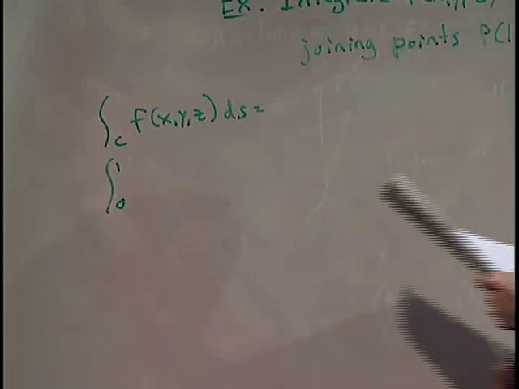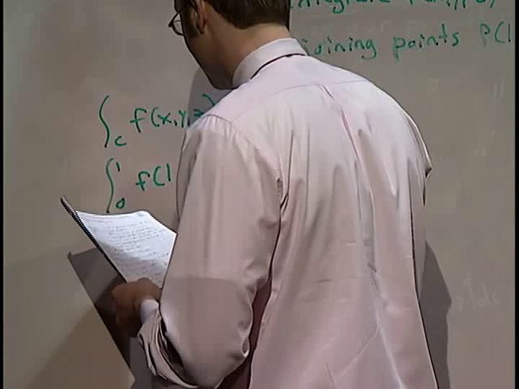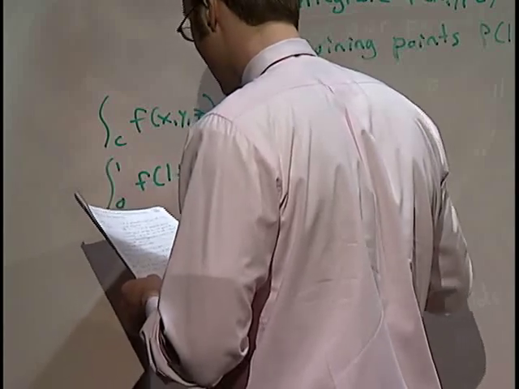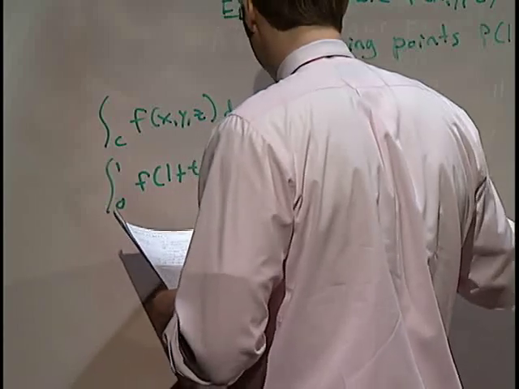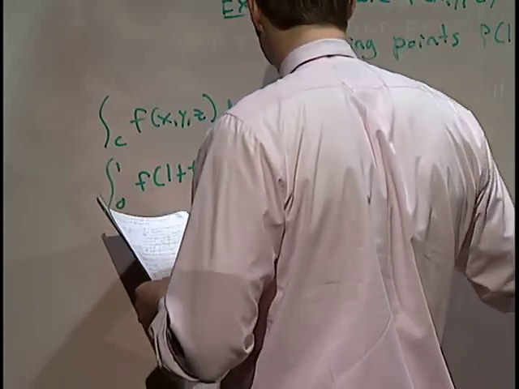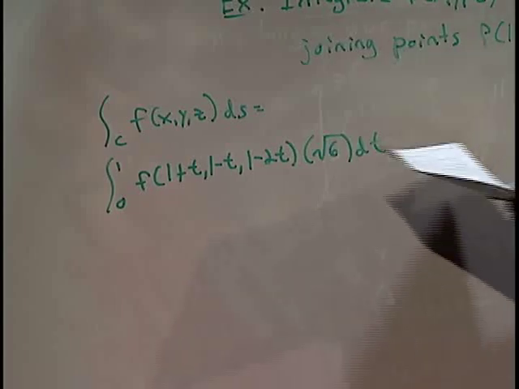We want f of 1 plus t, 1 minus t, and 1 minus 2t, all times square root of 6 times dt, right? So I plugged in the component functions of r into f, and I multiplied by the length of the velocity vector on the outside, and everything is in terms of t.